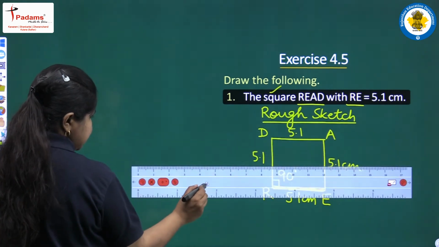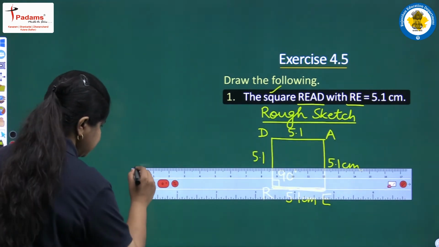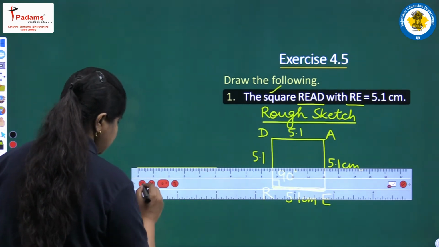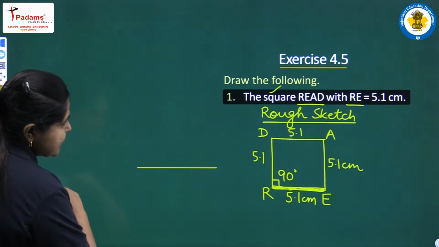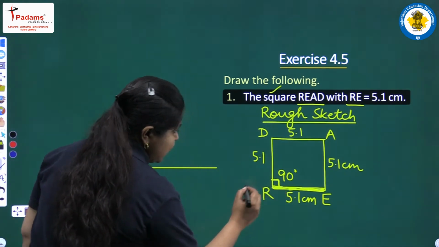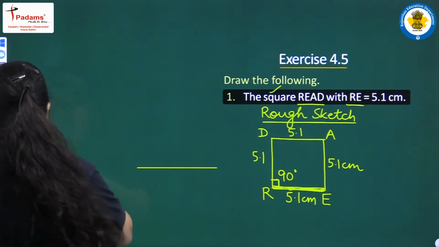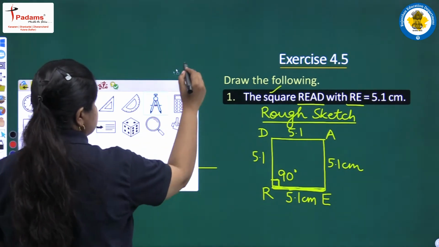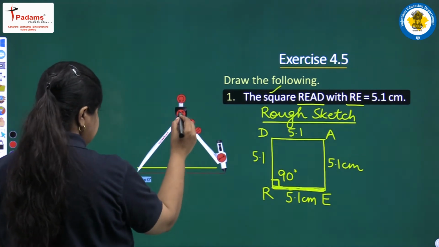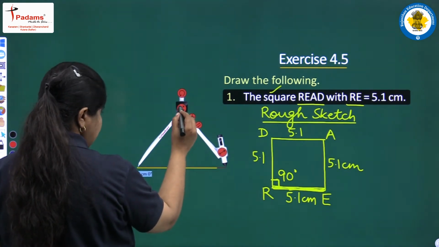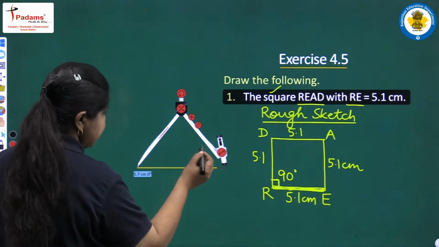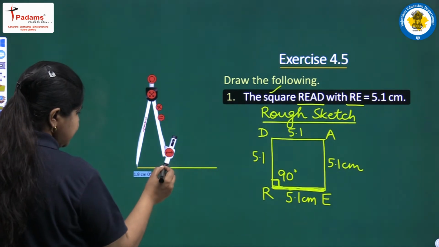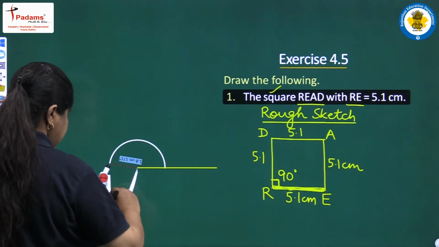We keep the scale here and start with this point, taking it to be 5.1 centimeter long. Here we have. Then what next? We will construct an angle of 90 degree at point R. For this we will need one compass, and so we have it with us. We take the center at point R. Take an appropriate radius and then draw one arc.